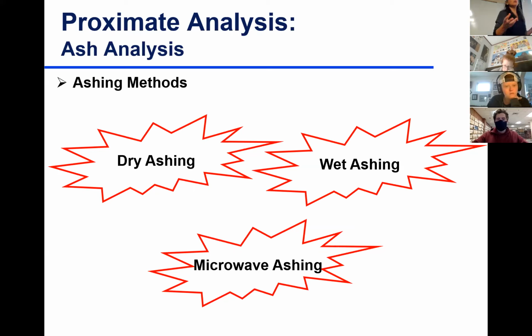In wet ashing, you don't get a weight of ash per se because you're solubilizing the ash in the acid. So you put acid in your sample, all of your organic matter is going to oxidize and burn off. What's left is your minerals or inorganic substances in the acid. So you don't necessarily get a percent ash. If you want percent ash for proximate analysis and for labeling purposes, you really want to get an actual ash content using dry ash.